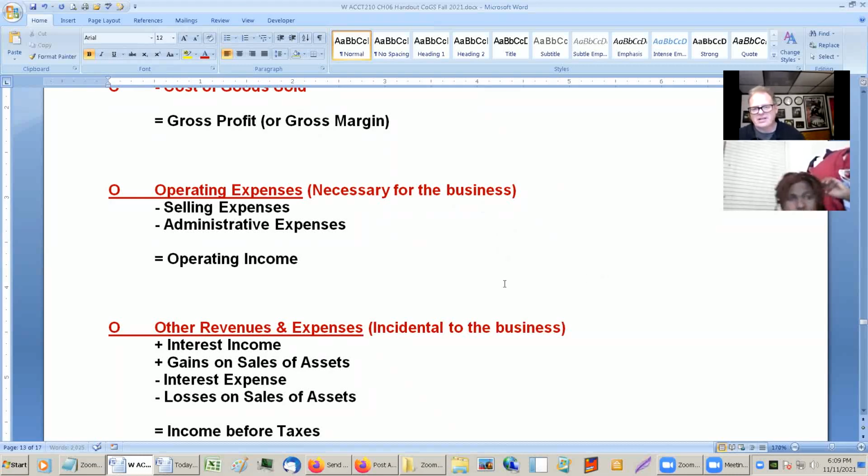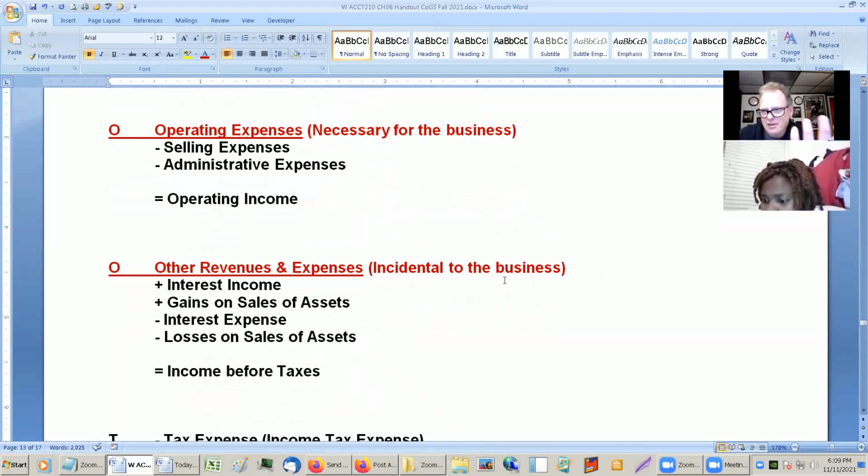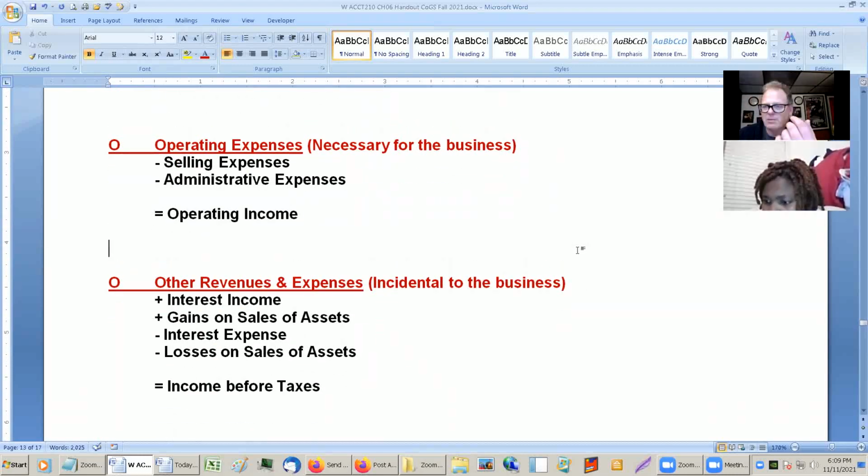So these are things that are incidental to the business. They're not necessary for the business, but because you're running the business, they do happen. For example, if you're running a pizza restaurant, you have a bank account. People give you cash for the pizza, you take a deposit, put it in the bank.